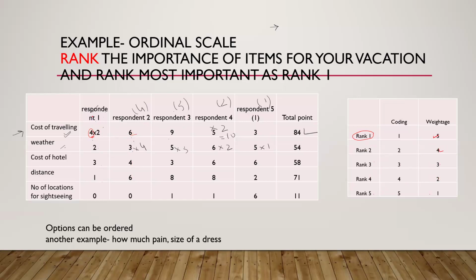So here respondent 1, cost of traveling. Now what will you multiply this with? With 2. Here respondent 2, what is it? 4. So you'll multiply it by 4. Third rank into 3. So 2 multiplied by 1. And you add all this. This will be multiplied by 5. So 5, 4, 3, 2, 1.